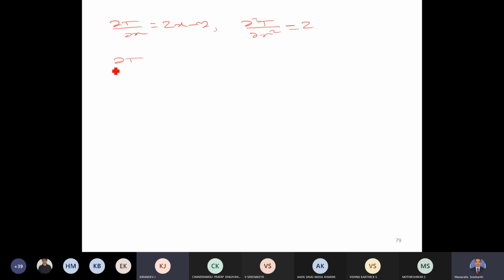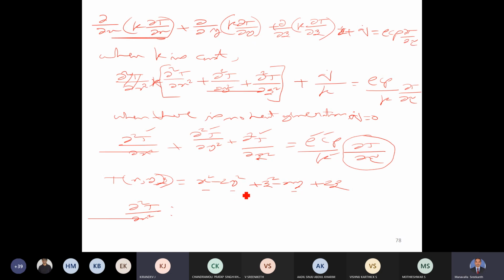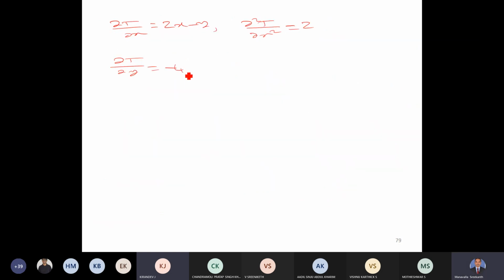Similarly, ∂T/∂y is minus 4y minus x plus 2z, and ∂²T/∂y² will be minus 4.